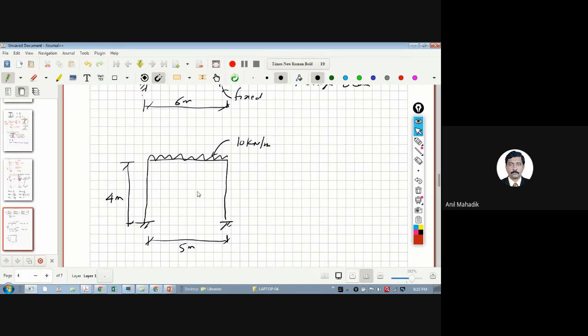So analyze this frame using STAAD Pro software. Get the bending moment diagram and design this column. Definitely it will have axial force and it will have a bending moment.